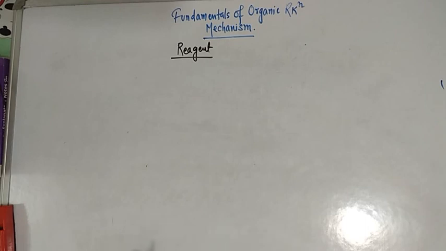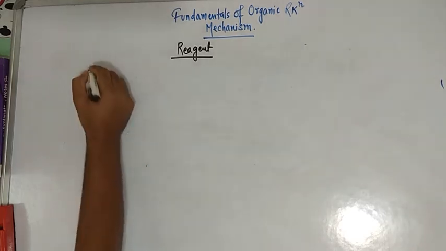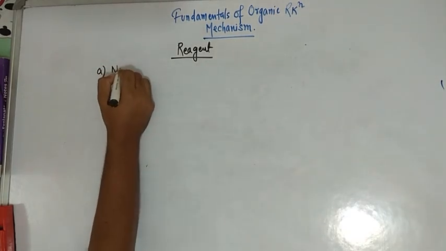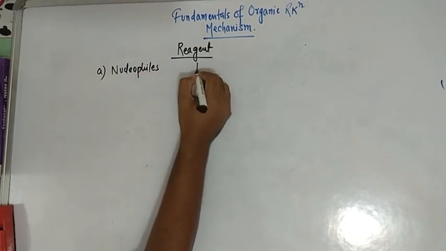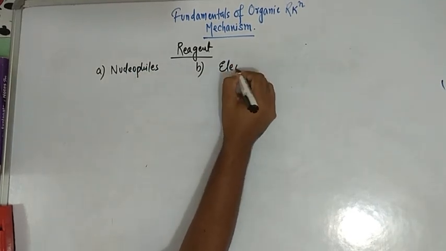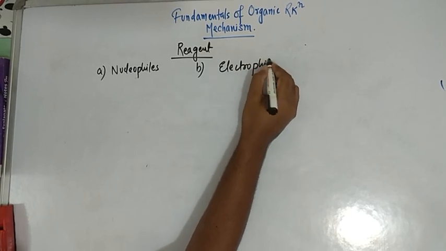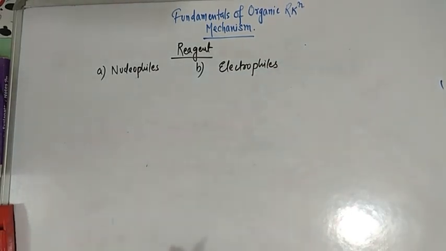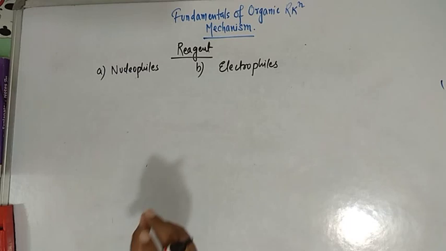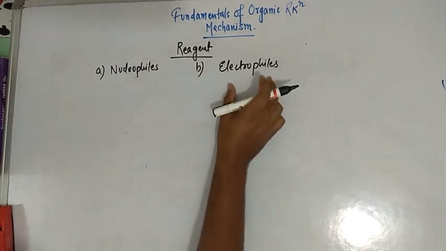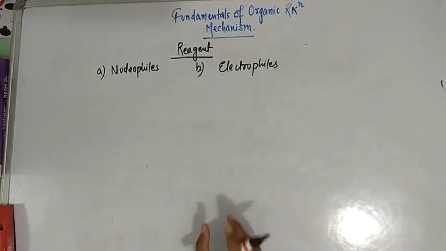Reagents, on the basis of their nature, are broadly classified into the following categories: A, nucleophiles, B, electrophiles. These are the two broad categories of reagent. Nucleophiles are electron-rich reagents, whereas electrophiles are electron-deficient reagents.